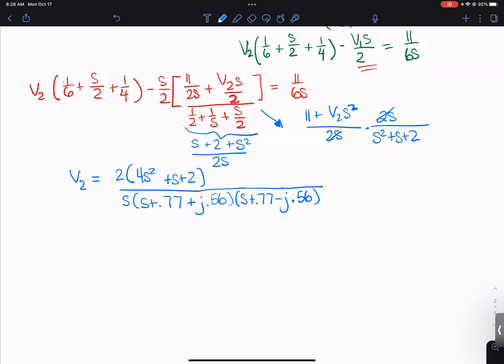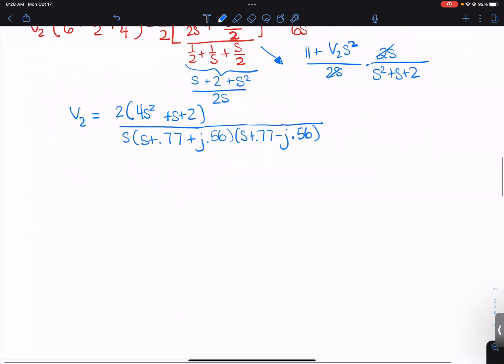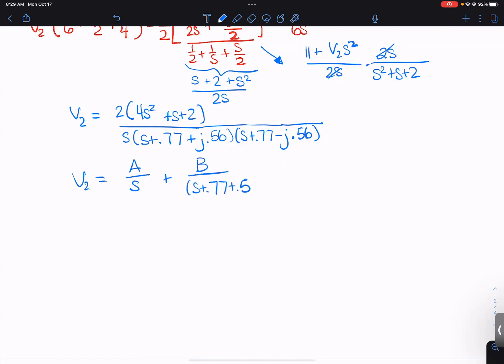All right, and then from here, we need to use partial fraction expansion. So we're going to get A over S plus B over S plus 0.77, and then it's going to be the conjugate.